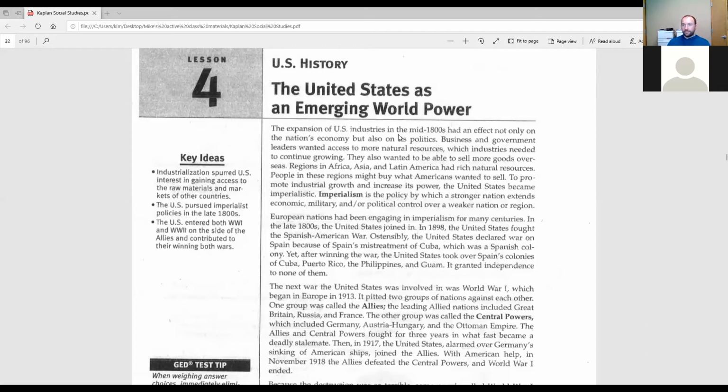And so with this boom in industry, it also shifted how the United States operated politically on the world stage. What I mean by that is the United States starts to become the world power that we know today, right? For good or for bad.